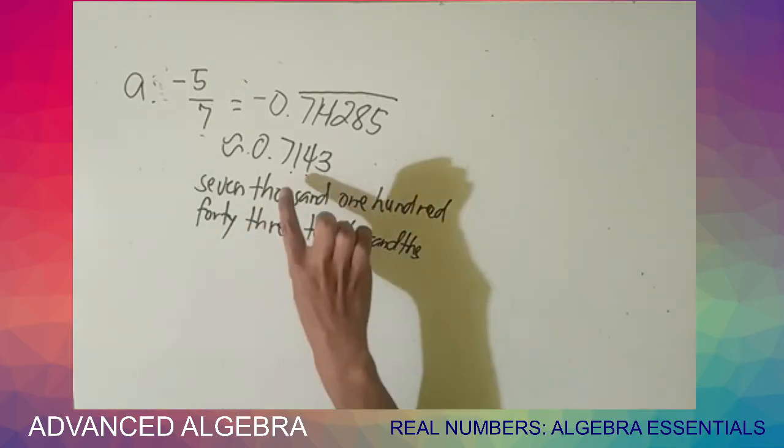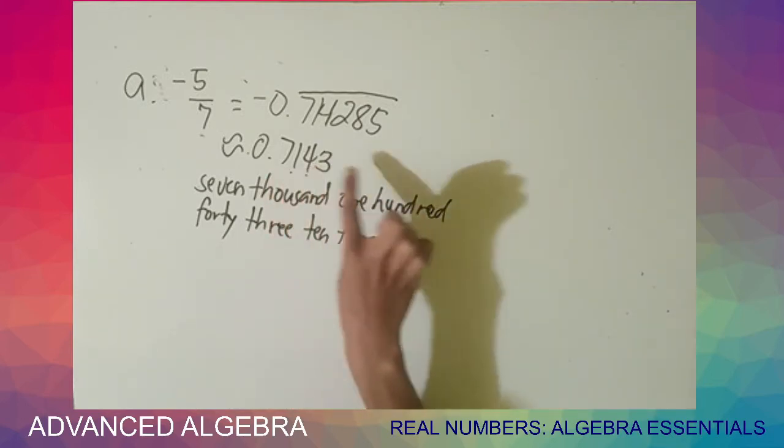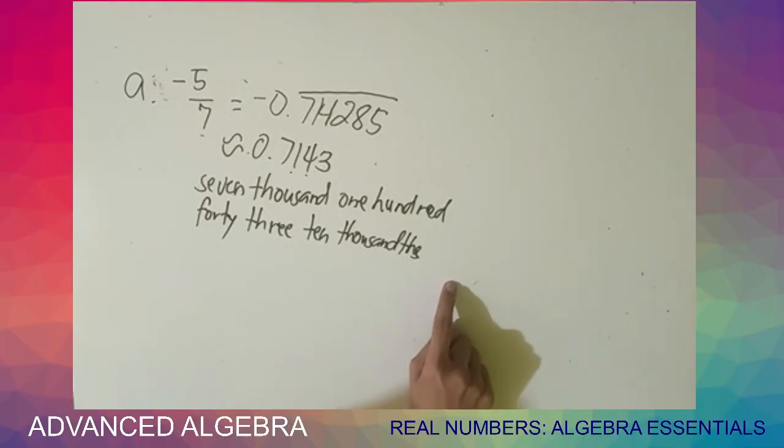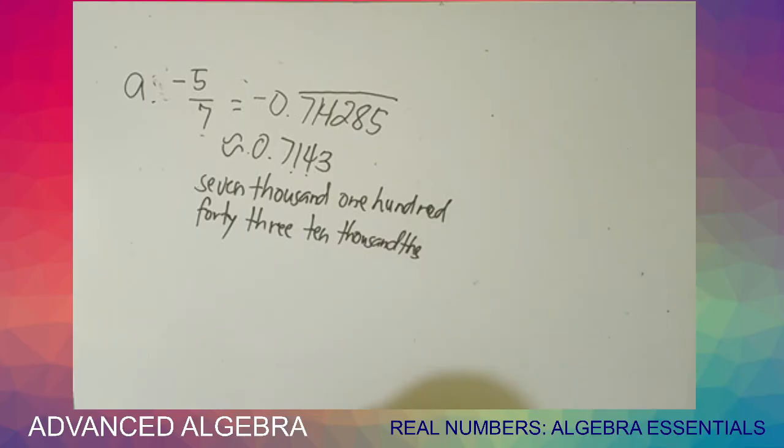Kung babasahin natin to, yun naman talaga yung basa: 7,143 10,000ths. Okay? Nasanay lang tayo na 0.7143. So pwede ito yung basa niya.